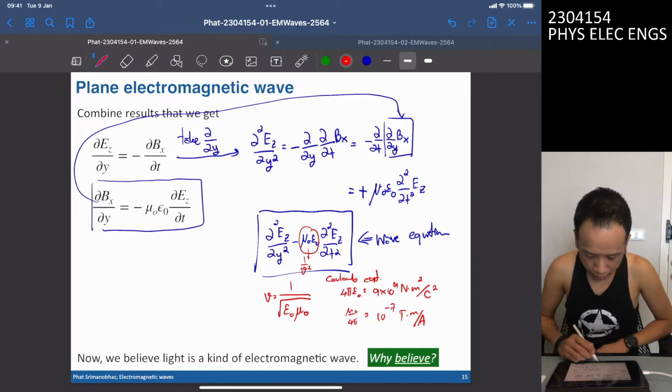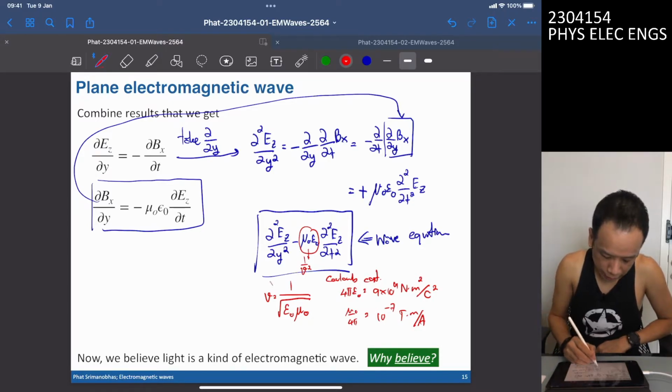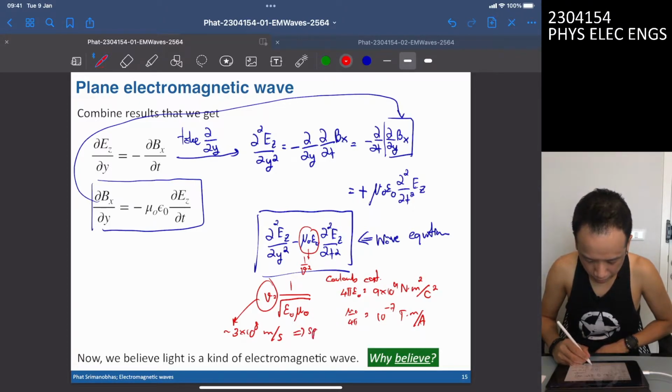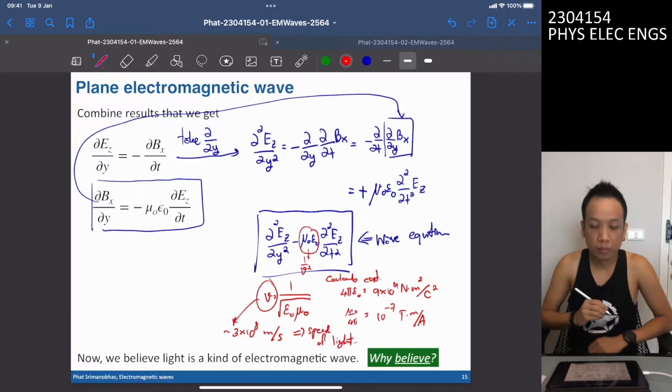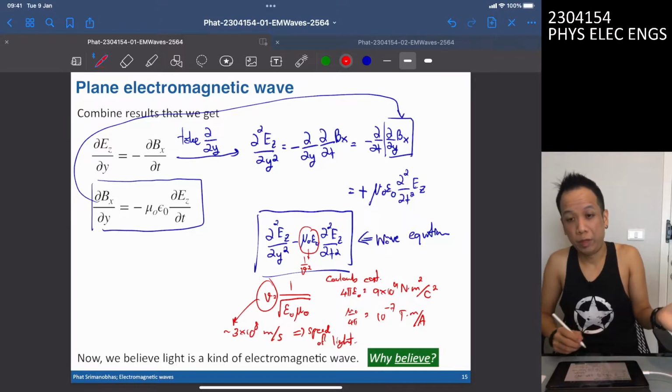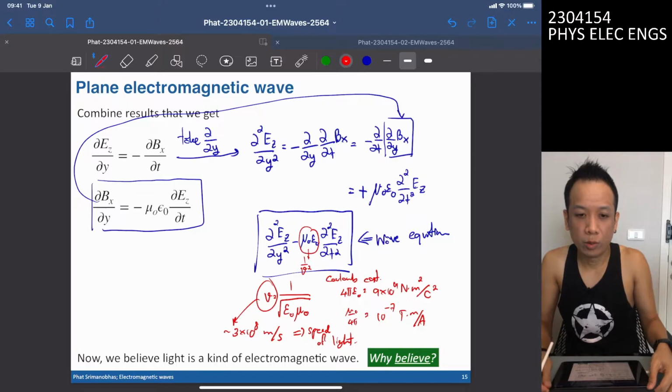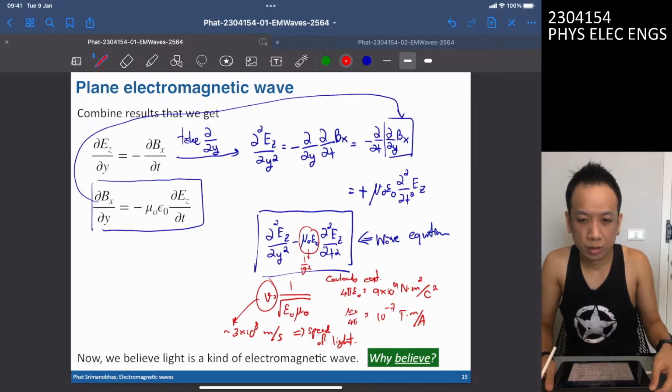You put everything together and calculate this one. You're going to get that v is roughly 3 times 10 to the 8 meters per second, which is the speed of light, right? You proved the speed of light from other experiments, not this one, but this one shows that the v you get is basically the same as the speed of light.